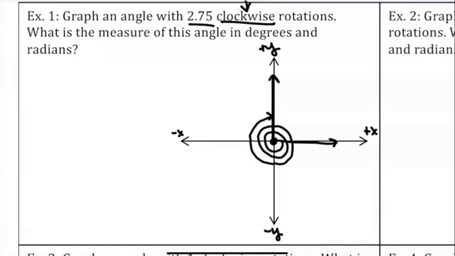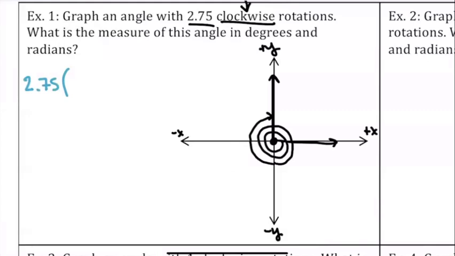If you were to ignore the rotations, this would look like a 90-degree angle, but it's much bigger than 90 degrees, right? Remember, one time around is 360 degrees, and we've gone 2.75 times around. So let's figure out the size of our angle. I would just multiply my total rotation times how much it is for one rotation.